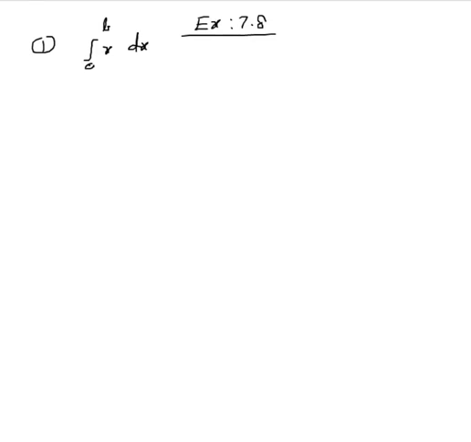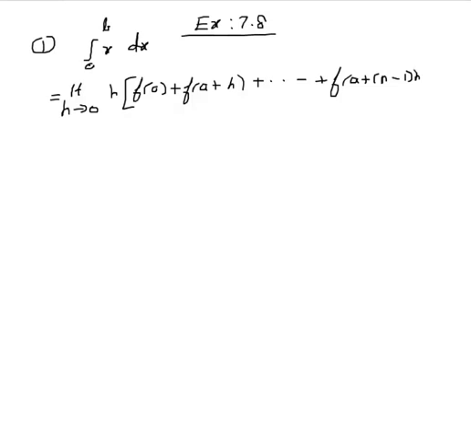Our first step is writing the formula. Limit h tending to 0 of h times f of a plus f of a plus h, etc. f of a plus (n minus 1) times h, where nh is b minus a.